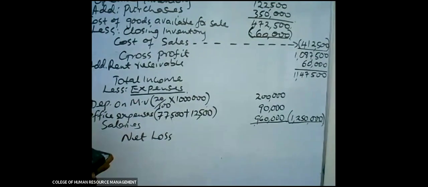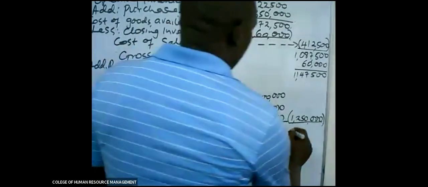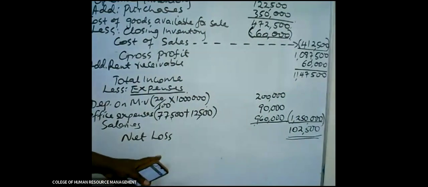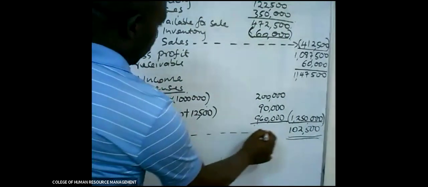Net loss of 102,500. That is all. Once you have arrived at the net loss or net profit, that is the end of the income statement for the sole trader.